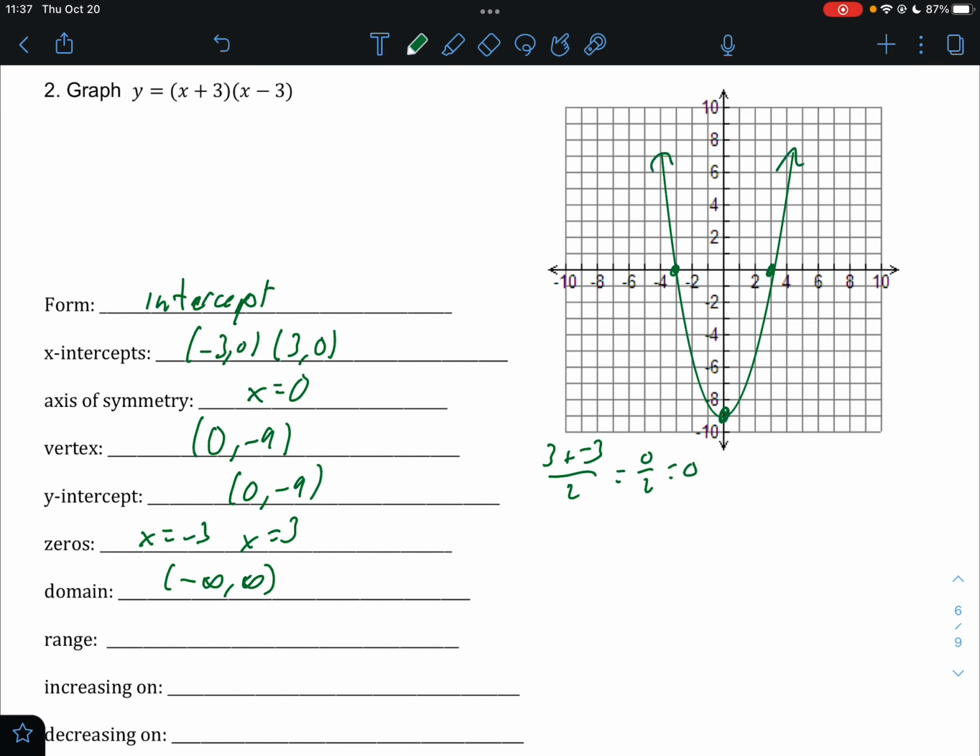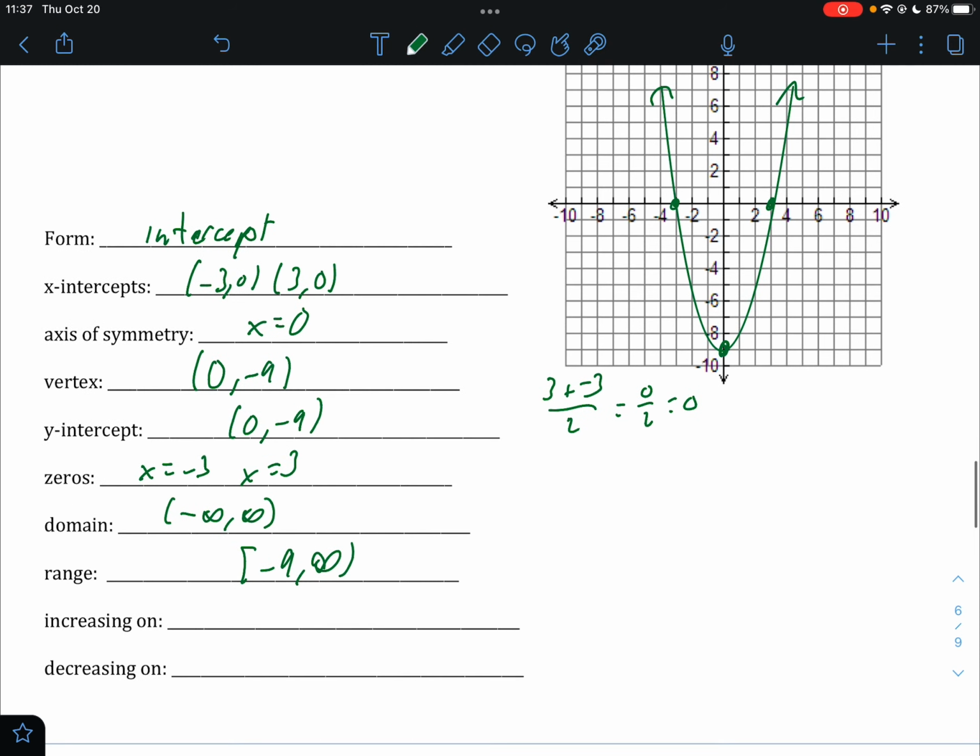Our range would be negative 9 to infinity. It's increasing here, so 0 to infinity, and decreasing here, so negative infinity to 0.